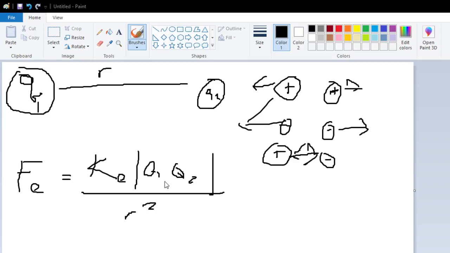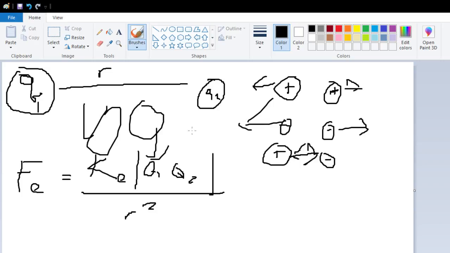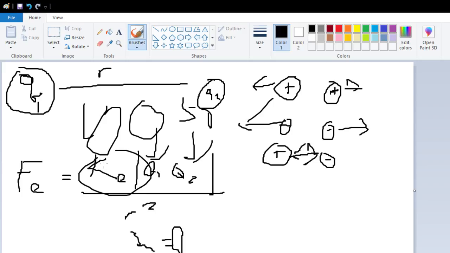Now if Q1 is a really huge number, like 100, they're never going to be that huge, but I'm just exaggerating, and this is 50, and say they are 3 meters apart, this becomes 9. And then you have this constant. Well, you need to know K, right? So for the sake of this problem, we're just going to put K_E is equal to 9 times 10 to the 9, because that's what K is.